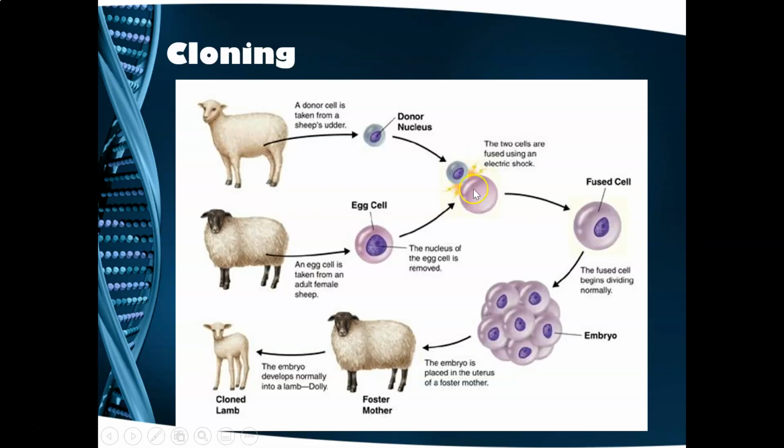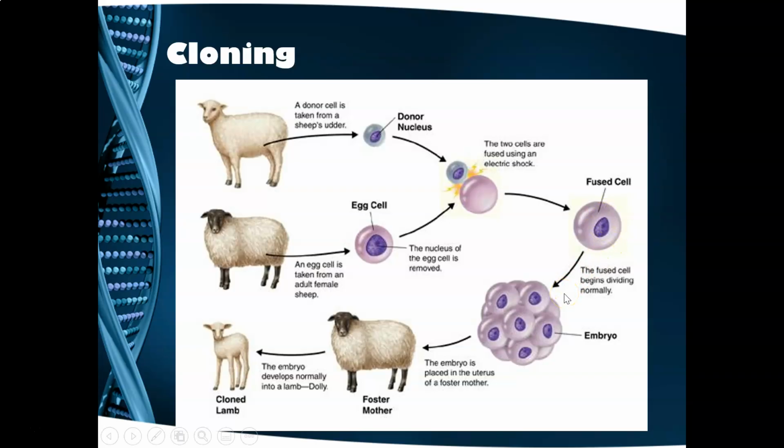So blank cell, no nucleus, nucleus from my donor. I now have essentially what would be a fertilized egg. I now have all the genetic information necessary to make an adult in this cell here.